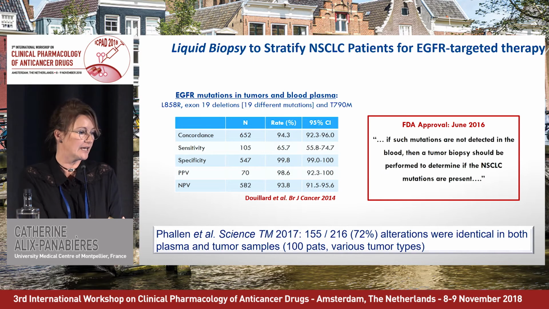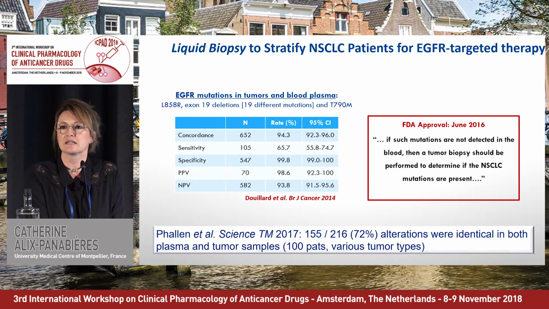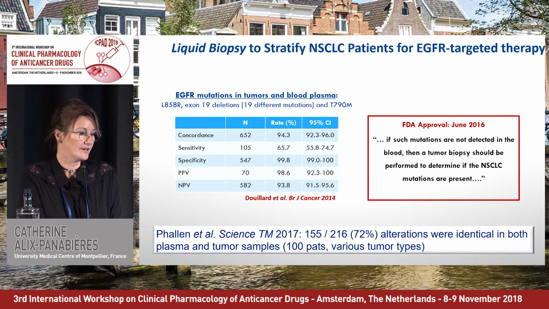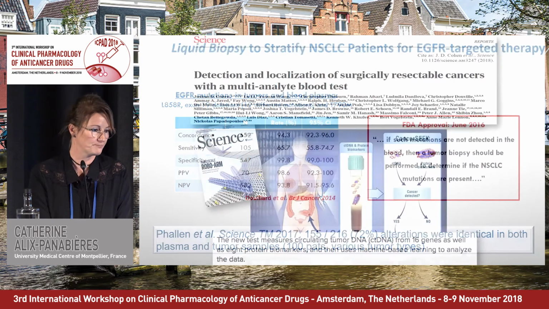But what you can see again is that you have a very nice specificity, but quite a low sensitivity, which means that when you find this ctDNA mutation in the blood, it's okay: you are sure that you have a primary tumor harboring this mutation. But if you don't find the ctDNA, you have to go to the primary tumor again with a biopsy to be sure whether you have the mutation or not.